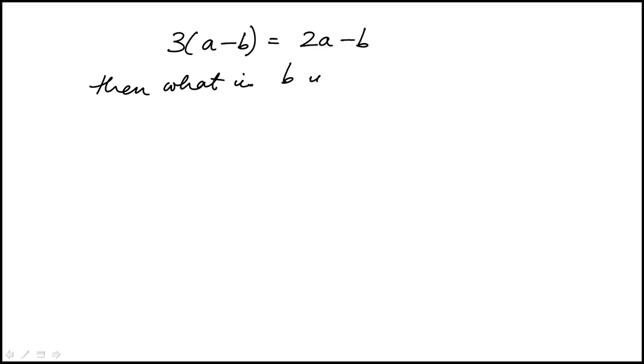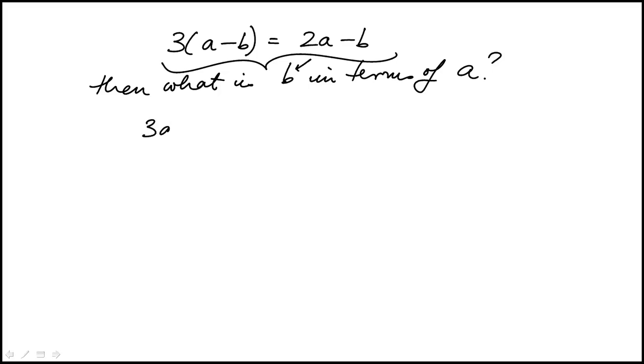So here's another example of that similar type of a question. You're given 3 times a minus b is equal to 2a minus b, and the question is then what is b in terms of a? So again, they're asking you to express b solely in terms of a. So in general the approach is take that equation and do the expansion, so multiply by 3, and then you combine like terms.